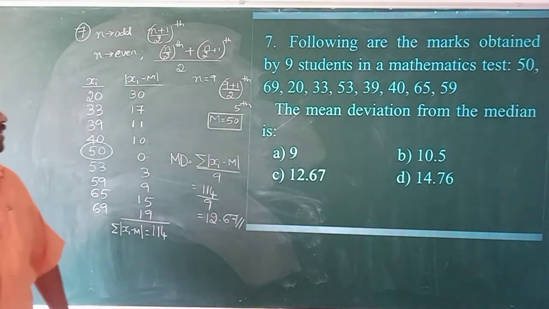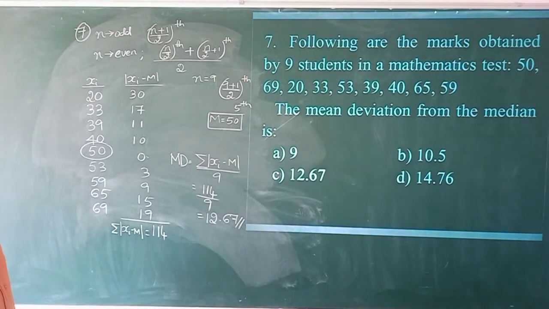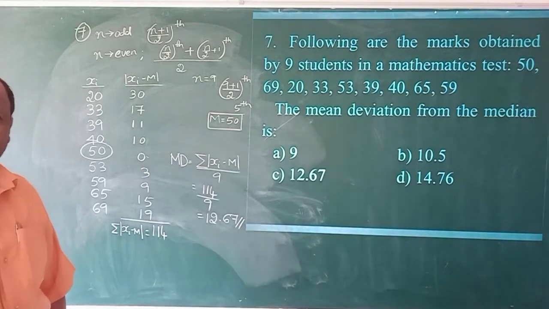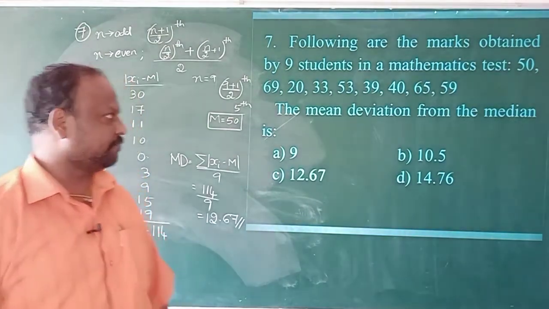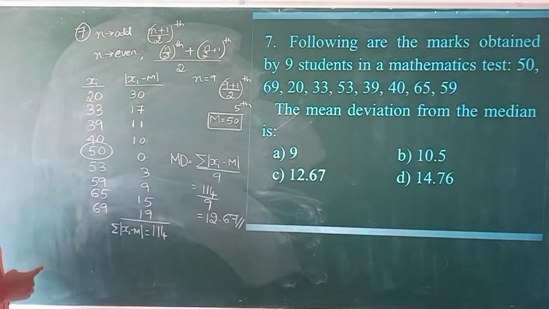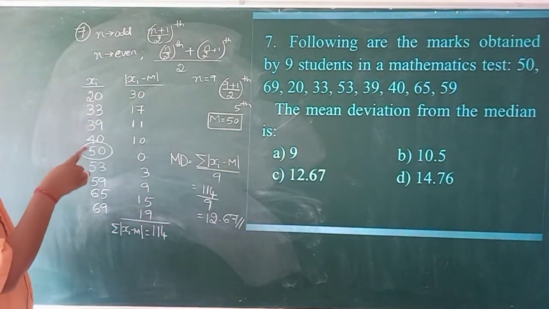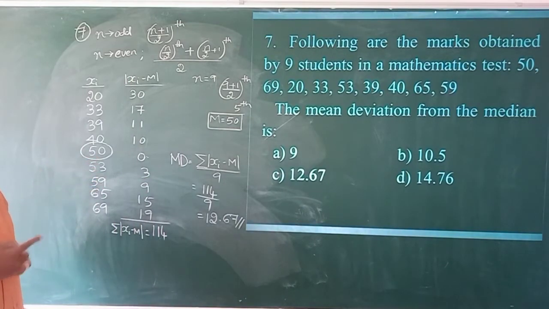I will repeat once again. Following are the marks obtained by 9 students in a mathematics test. First write down the given data either in ascending order or in descending order. After writing in ascending order, n is 9, which is an odd number. Find out the median, which is the (9 plus 1) divided by 2, 5th term, M is 50.